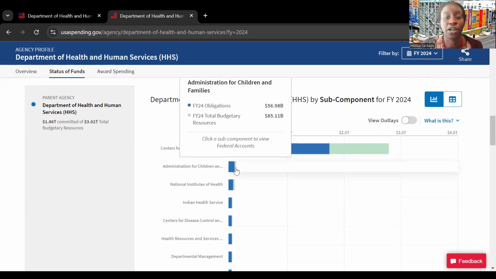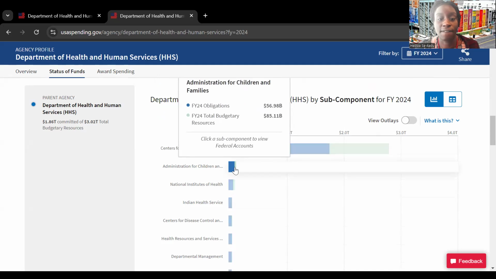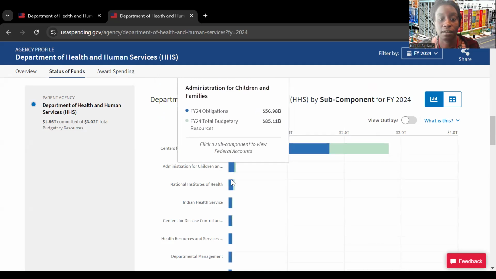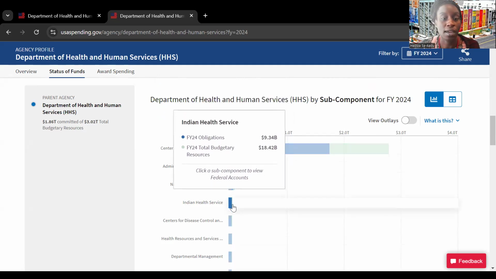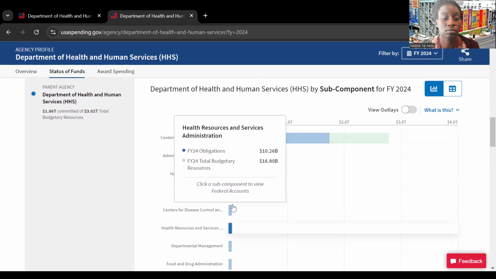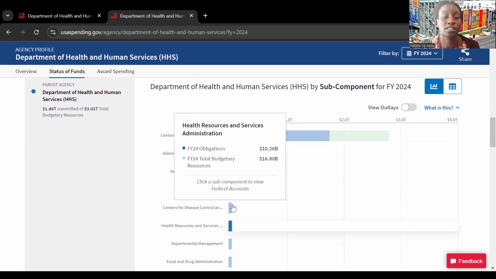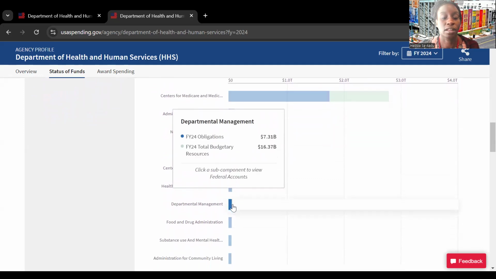Then we see that comparatively with the Administration for Children and Families compared to National Institutes of Health, Indian Health Service, Centers for Disease Control and Prevention, Health Resources and Services Administration, and the list goes on.